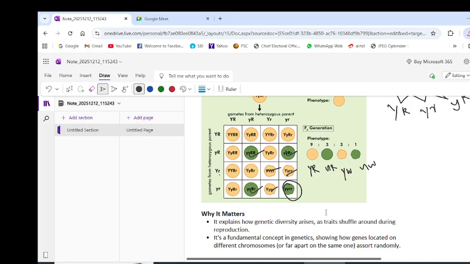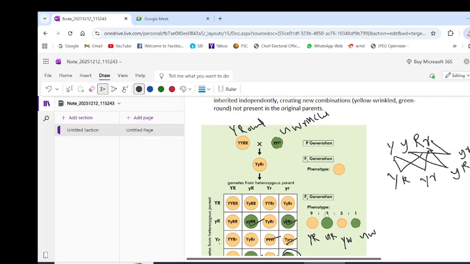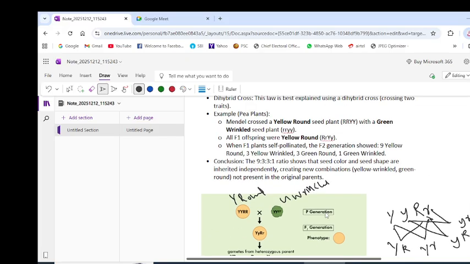Okay, that is what we got here, and he concluded that this ratio shows that seed color and seed shape are inherited independently. Okay, it is not mixing each other. The seed color and the seed shape are inherited independently, creating new combinations.